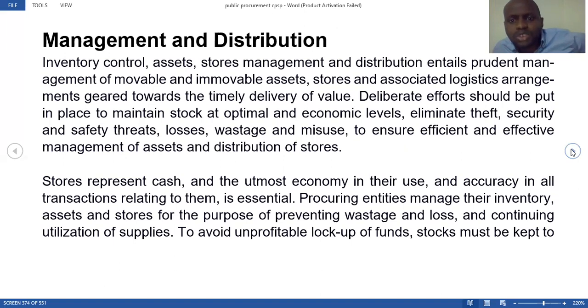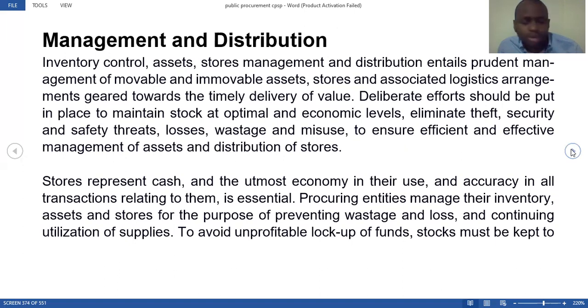So most organizations fail because of the issue of inventory, in that they have not been able to maintain optimum inventory levels. And one of the reasons that has been attributed to this is the issue of pilferation, where employees like stealing products from the store.